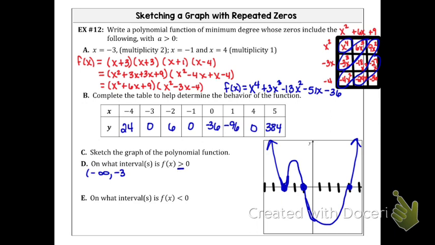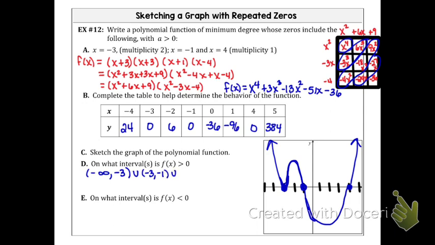Now notice this didn't say or equal to, so at the -3 it's not equal to, so we're going to have to close it with a parenthesis. And then we can see that it's going to start there again, right after that, all the way to the next 0. So then from -3 to -1.